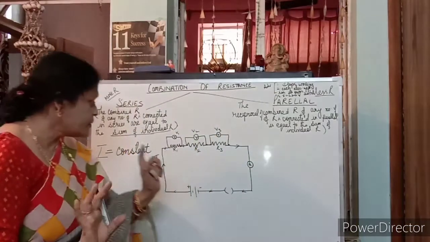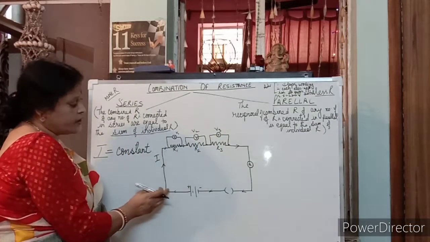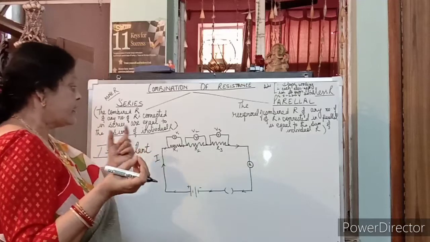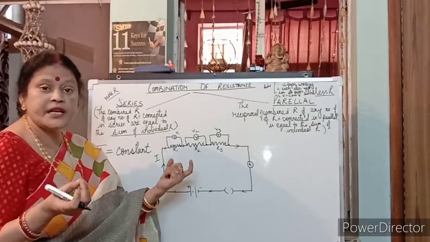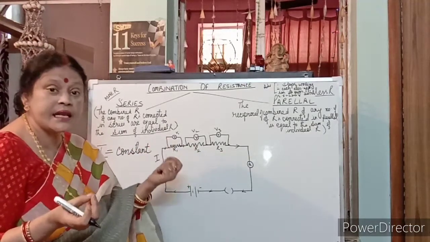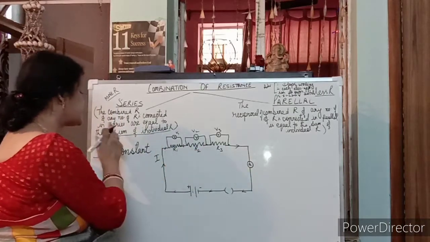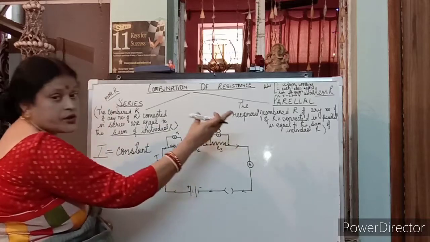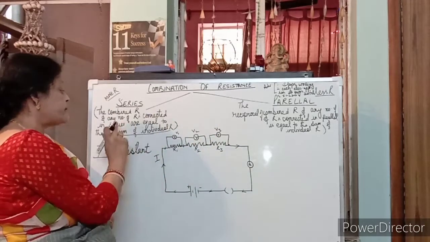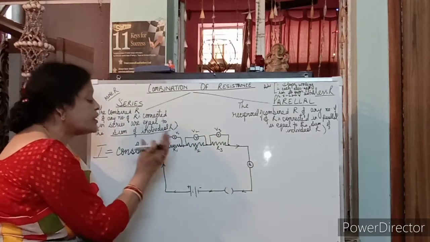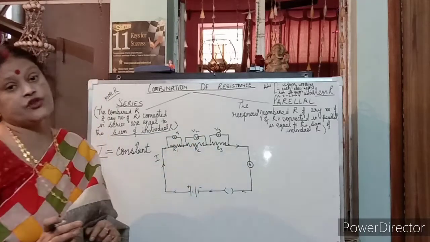Clear? Now, if I say the voltage. What is series? This is the law of combination of resistances. According to this law, the combined resistance of any number of resistances in series is equal to the sum of the individual resistances.